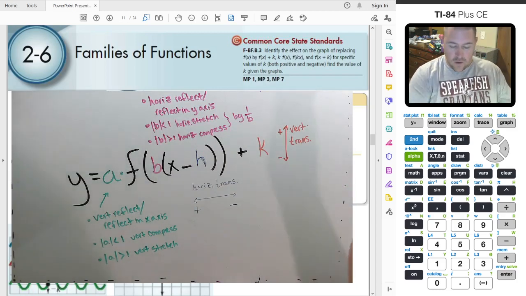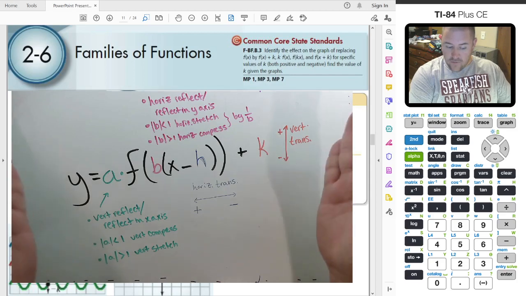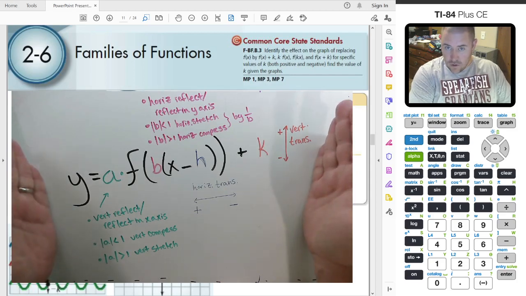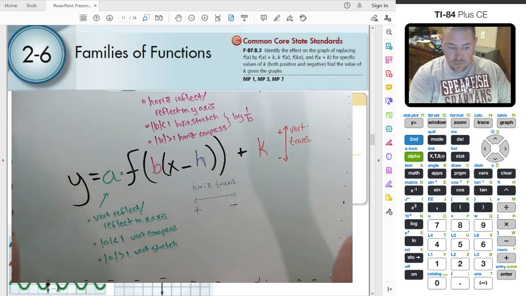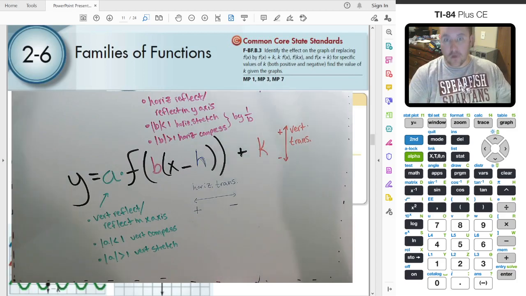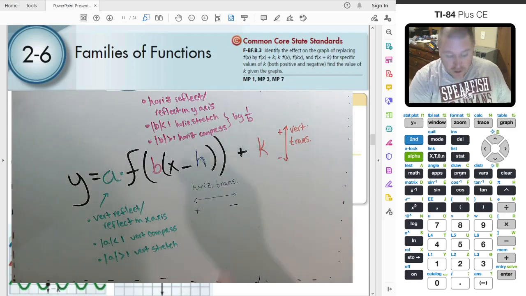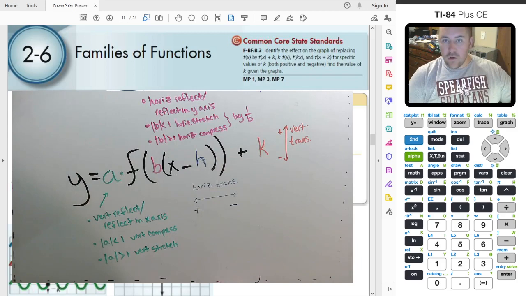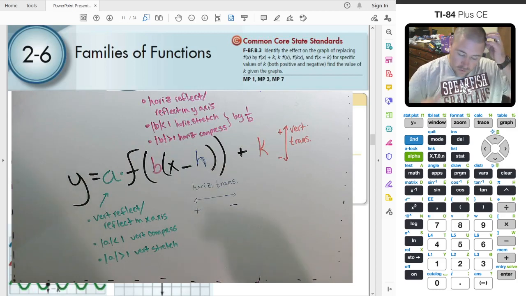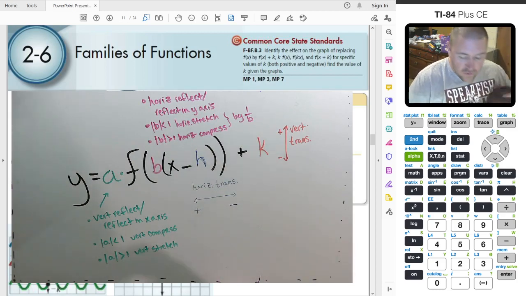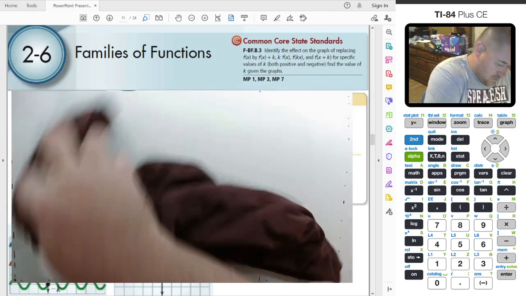So please have written down, put it in a place of honor in your notes, because we're going to keep coming back to it. Make it all pretty color-coded, whatever, because it's going to keep coming back and keep coming back and keep coming back. All right? If you need to pause it, do it. Otherwise, I'm going to erase this and move on to the examples of why this matters.